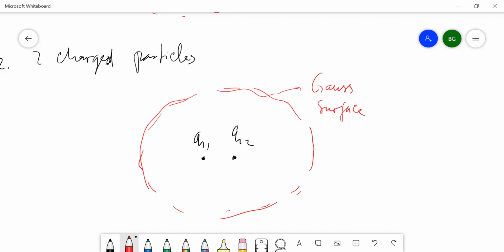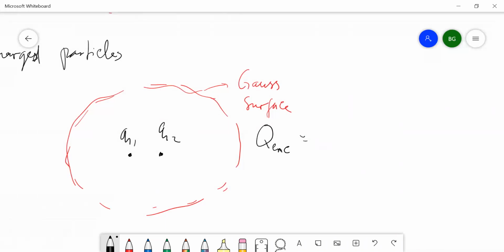How many charges does this surface cover? Two, yeah? Okay, so this Q enclosed is how many charges? Two. So this is the summation of the Q's, little Q1 plus Q2.